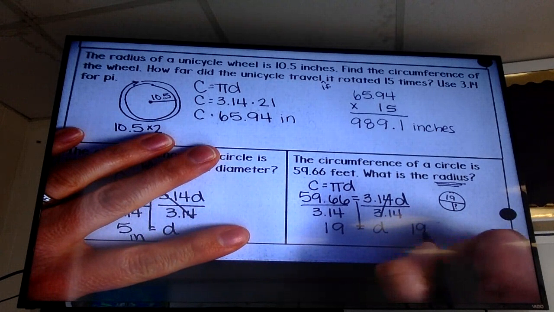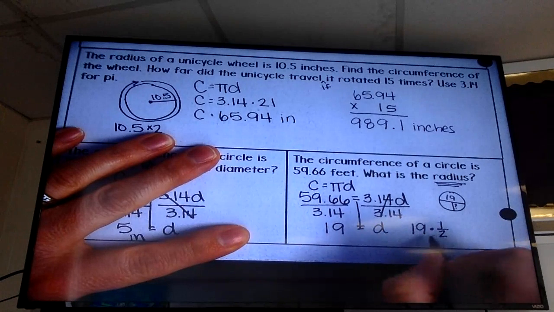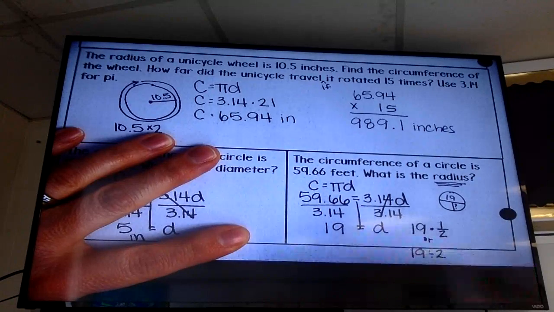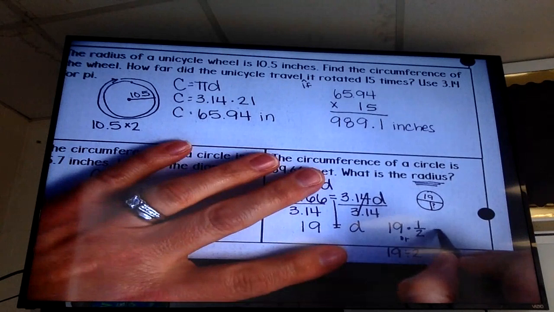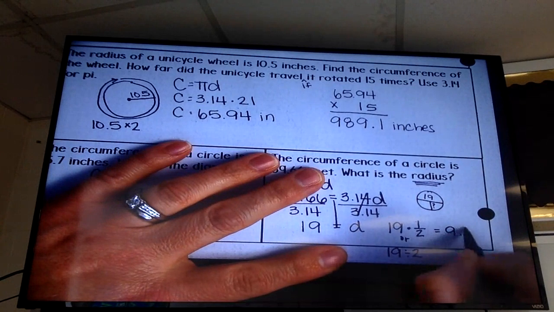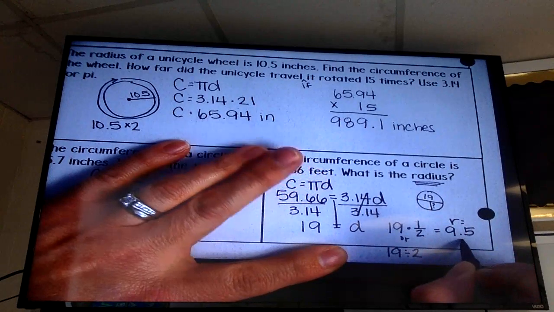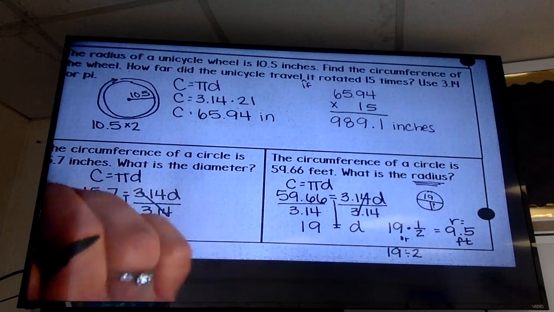I could say 19 times 1/2, half of the diameter, or I can say 19 divided by 2, because that's the same thing. So when I do that, I get the answer 9.5. The radius equals 9.5, and our unit of measure was feet. So 9.5 feet.